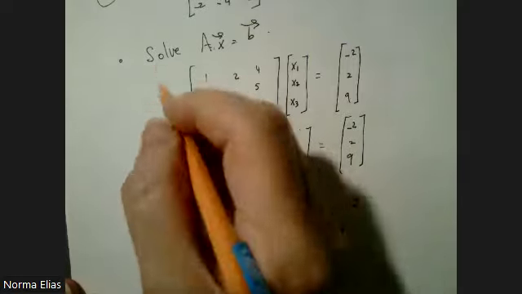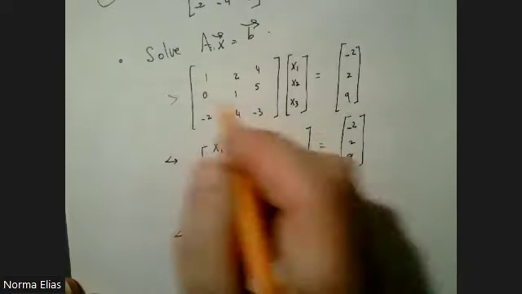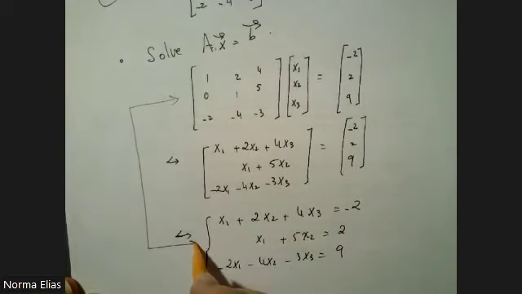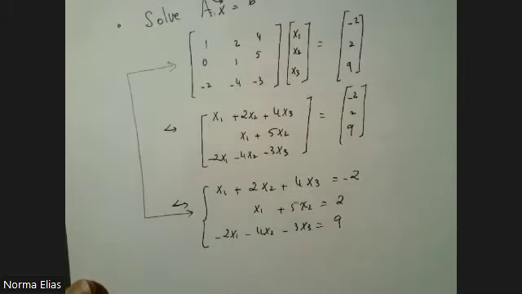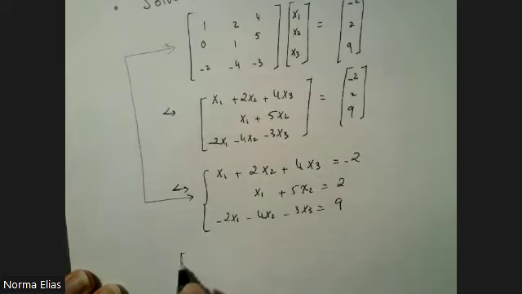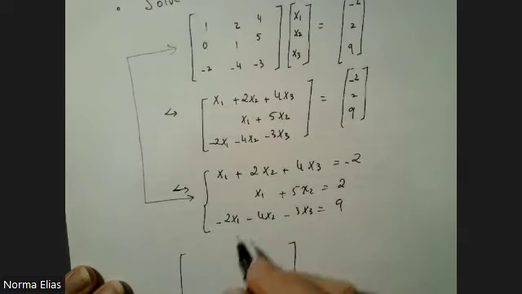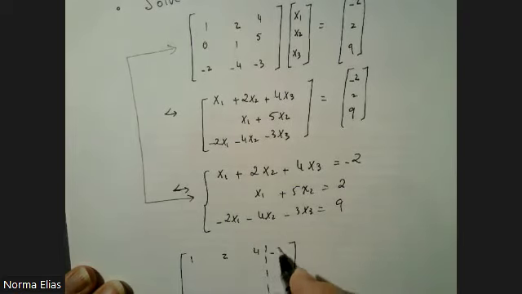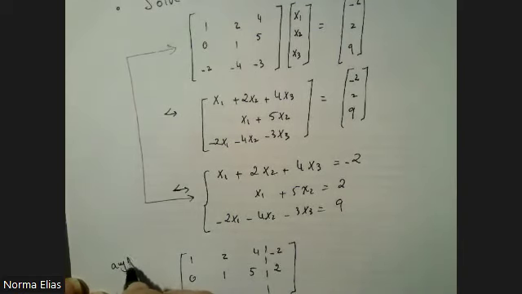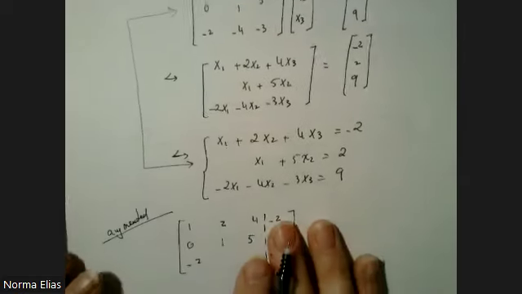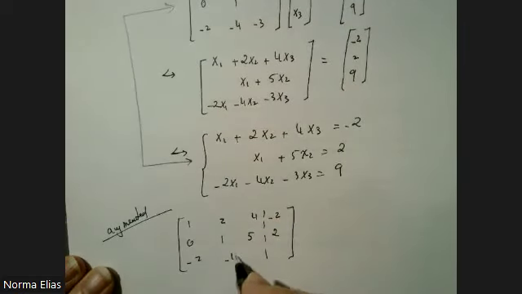So solving this matrix equation means solving the system, which means solving the system where the augmented matrix is 1, 2, 4, minus 2, 0, 1, 5, 2, minus 2, minus 4, minus 3, and 9.